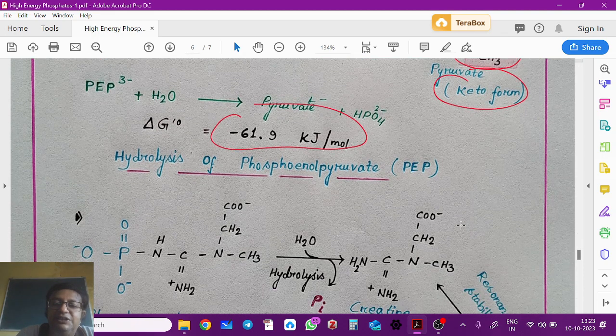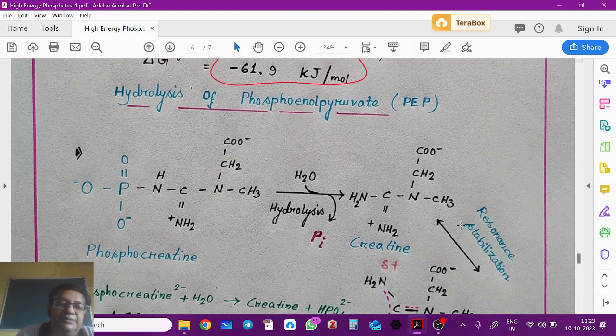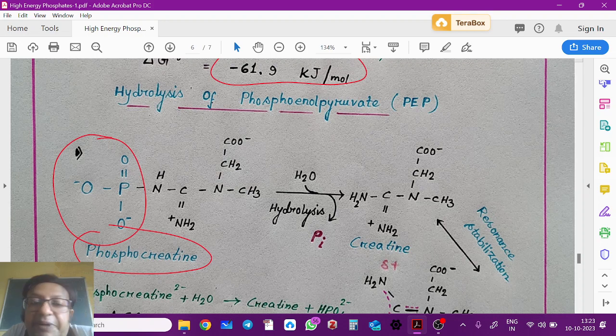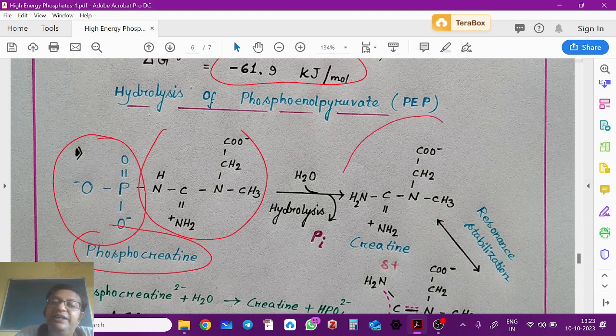So this is hydrolysis of phosphoenol pyruvate. Then you have phosphocreatinine in muscles. You can see the phosphate, she has kept it in blue, and the creatinine, she has kept it in black. Hydrolysis takes place, this phosphate goes out, orthophosphate goes out, Pi, and you get the creatinine molecule which is present.